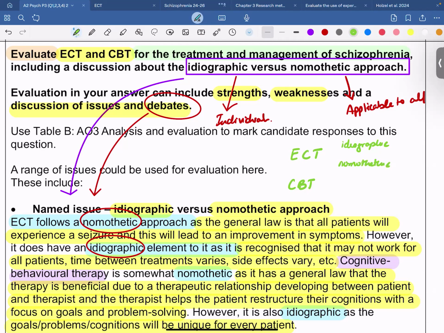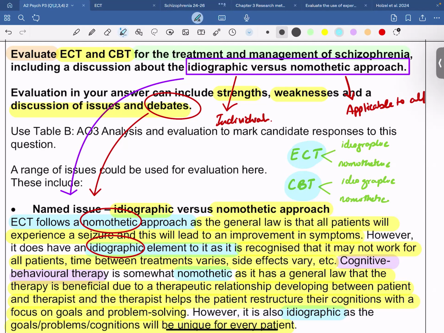Wherever you think there is enough content, try catering to all of the elements. Especially when you talk about a debate, for instance, ideographic versus nomothetic, or the nature versus nurture debate, or free will versus determinism, whatever content you are evaluating, try scrutinizing it in terms of both elements of the debate.